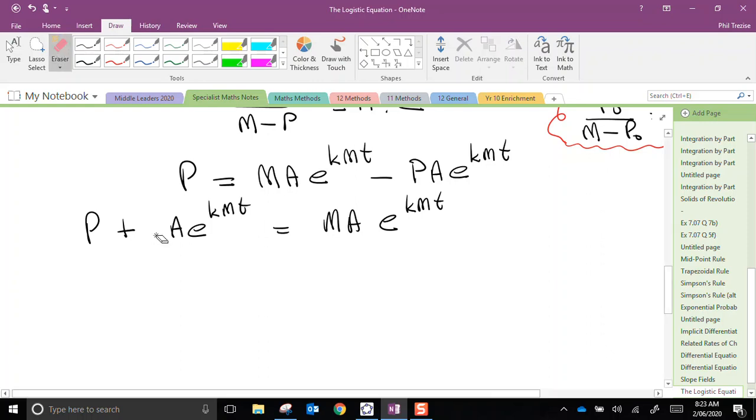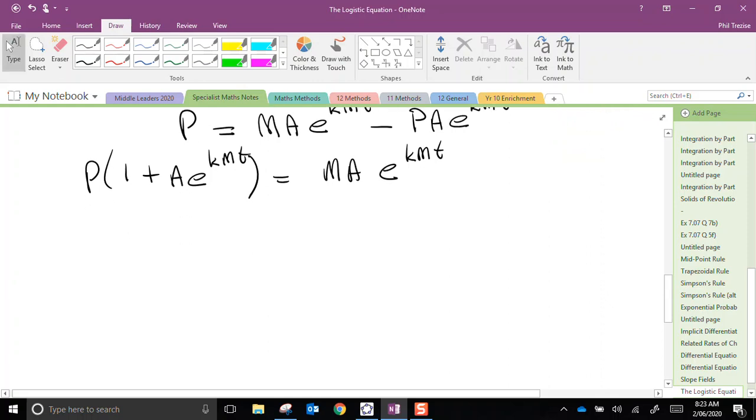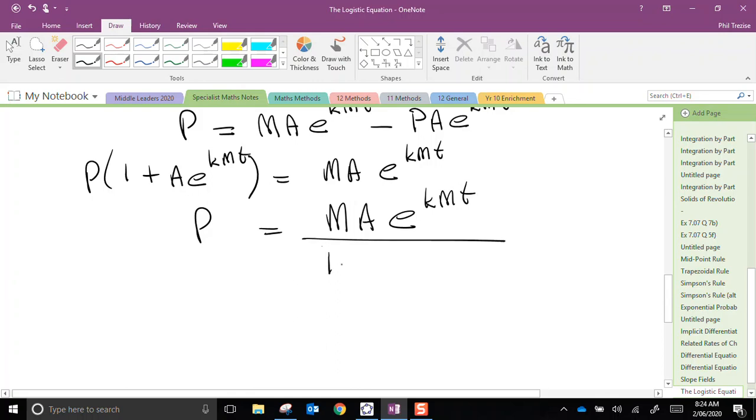Now I'm going to factor p, so this is really 1 plus all of those parts there. So p then is m times a times e to the k m t over 1 plus a times e to the k m t.